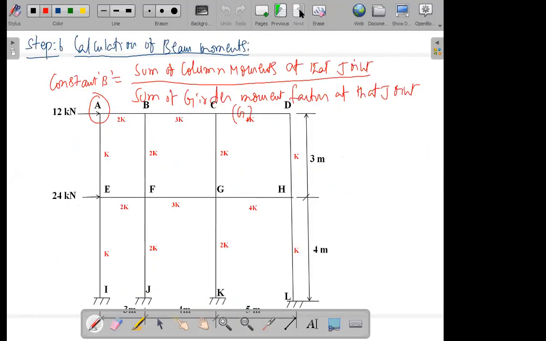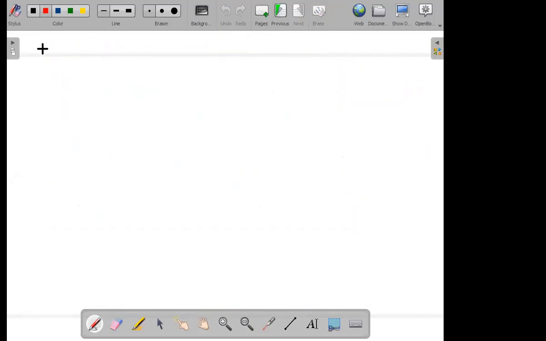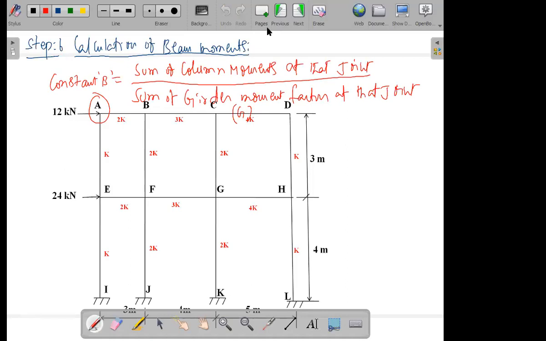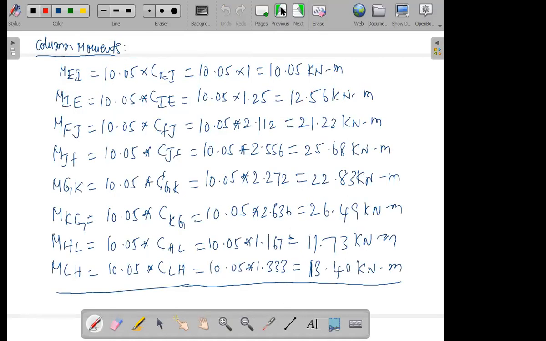So consider joint A. There you will get a constant. Joint A, small b A is equal to the sum of column moments at that joint. The column is AE. What is the AE column moment?